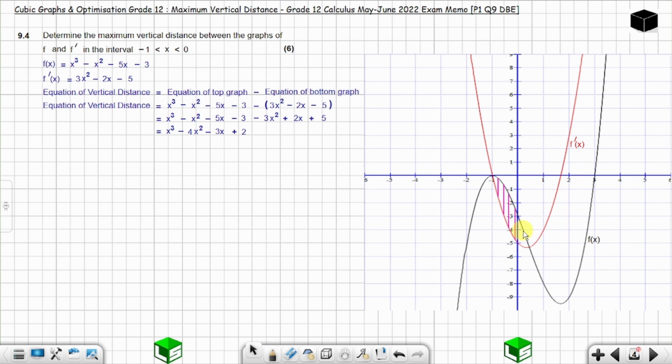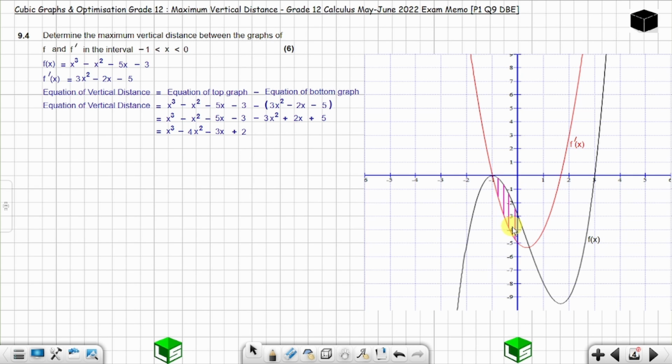You are interested to find the maximum vertical distance. These vertical distances are not the same. Some are short, some are long. You are interested to determine the longest vertical distance. Now, this is when calculus becomes useful.